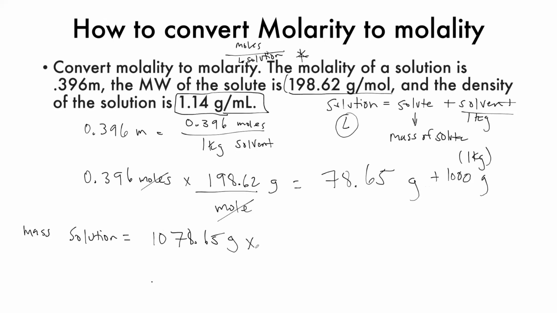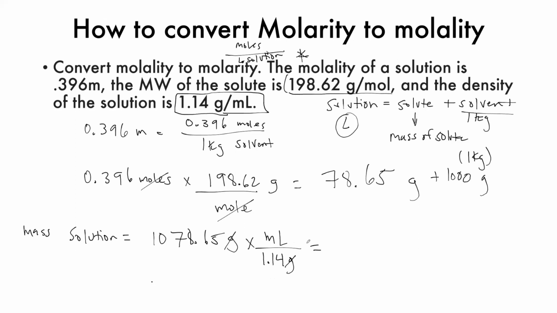And we want to actually convert from grams to milliliters, which is where we can use the density. So if we multiply our mass of solution, we actually want to flip the density over, like basically invert it. So we're technically dividing here. So we can take our 1.14 grams, and this is because we want grams to be canceled out. So we're going to put grams on the bottom, and then this will give us milliliters.